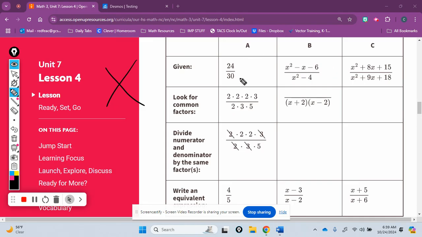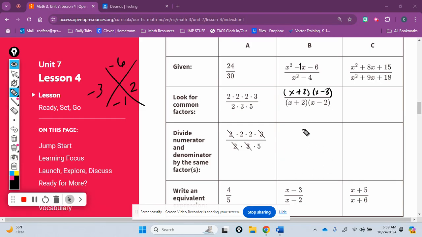So when I factor that, I want to find factors of negative 6 that when I add them give me negative 1, because we have to remember that it's a 1 in front of that x. Factors of negative 6 that add to negative 1 are negative 3 and positive 2. So my factors become x plus 2, x minus 3.